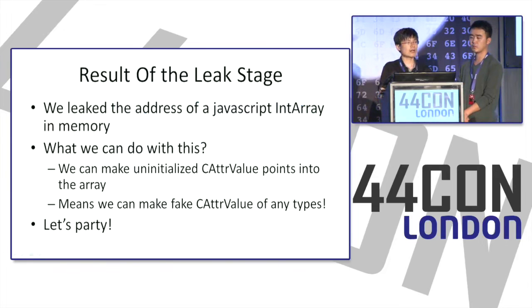This means we have the address of a JavaScript array in memory, and we can set any data in the JavaScript array. So we can control the data content at a certain address. And this is very powerful. With this, we can make fake attributes and continue our exploit process.